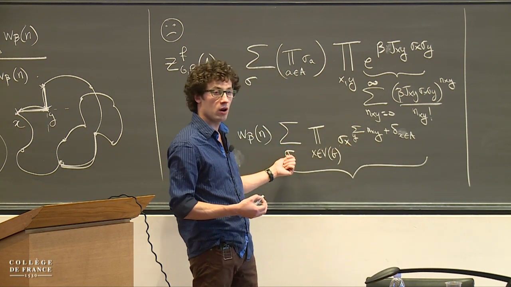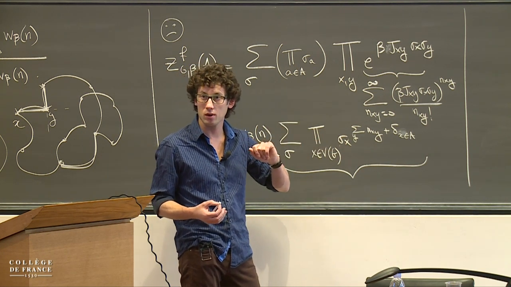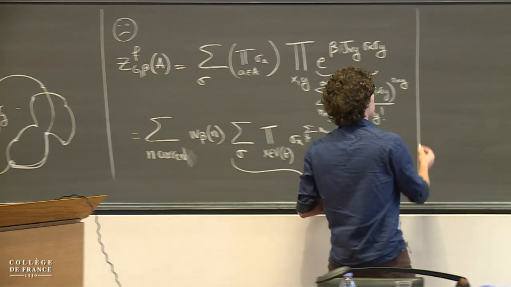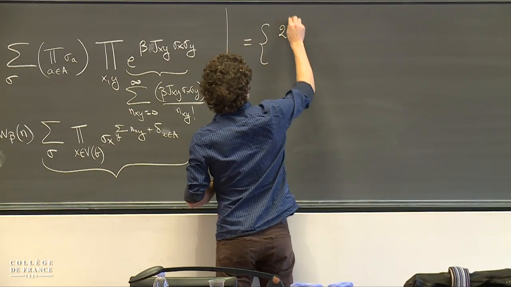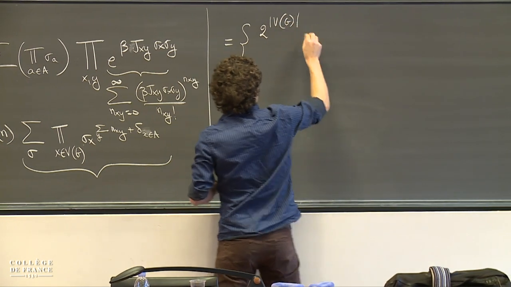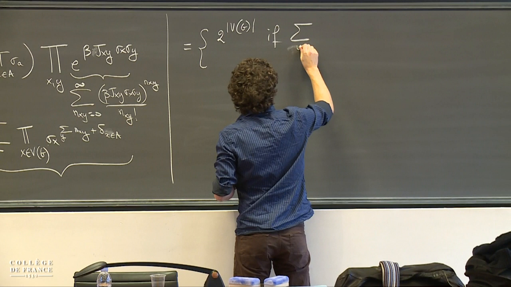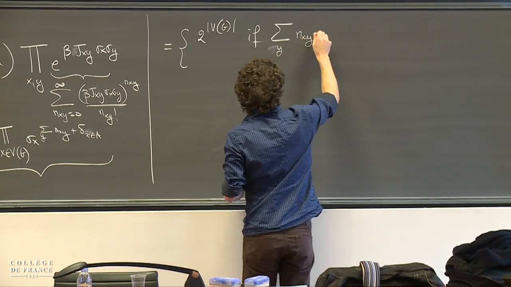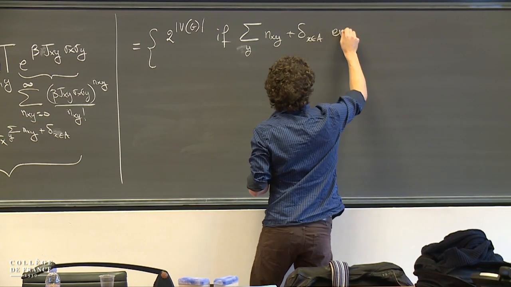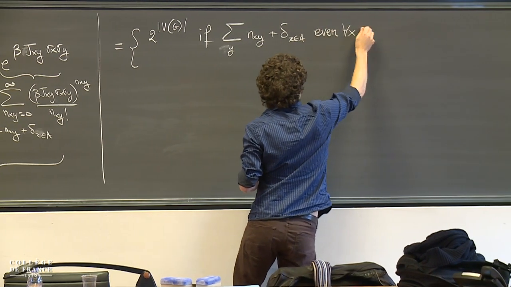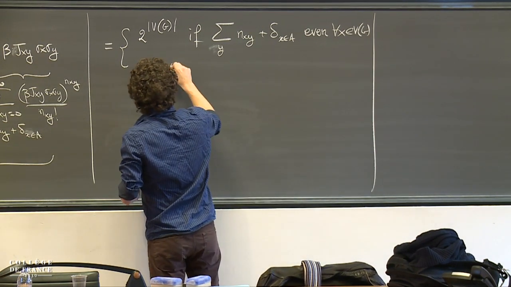So you are summing over every configuration 1, you are just going to get 2 to the number of vertices. So this thing is equal to 2 to the number of vertices if the sum over y of the nxy plus delta of x in A is even for every x, and it's 0 otherwise.